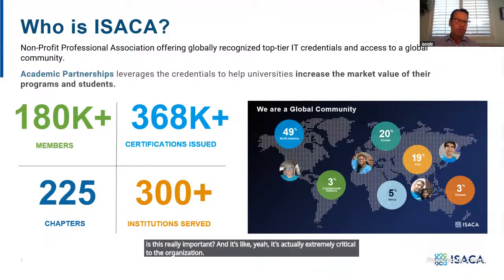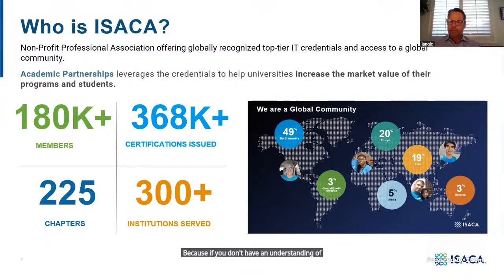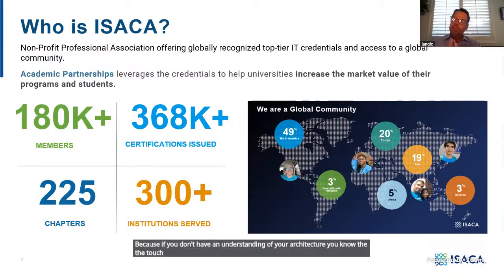Because if you don't have an understanding of your architecture, the touch points that it has in your supply chain is a great example, then you expose yourself to risk.